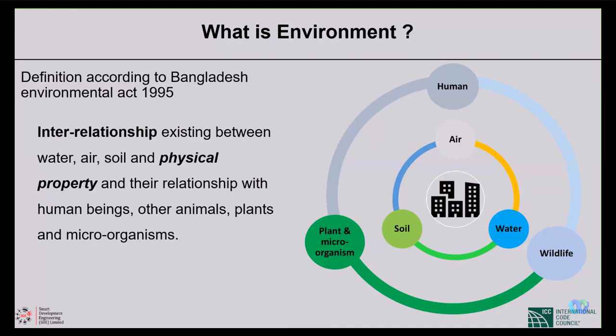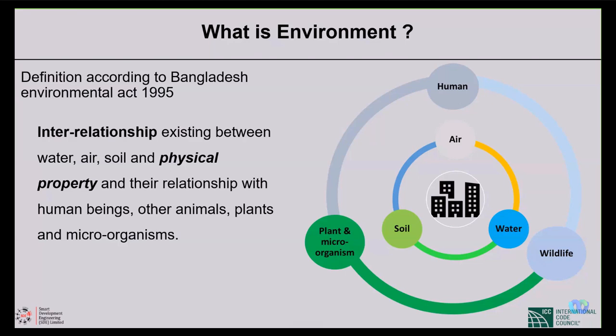This is all connected. We're talking about interrelationships. This is important. The physical part we're talking about is the physical property of the environment. We are talking about water, air, and their quality, and the relation with, as I mentioned, humans, the plants, flora and fauna.